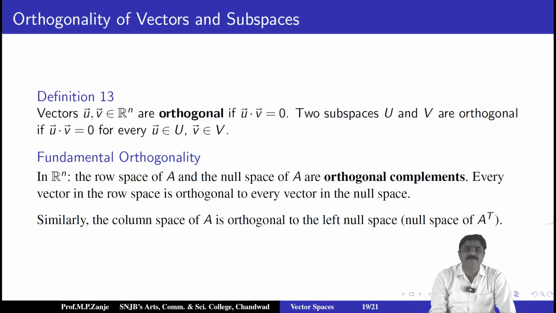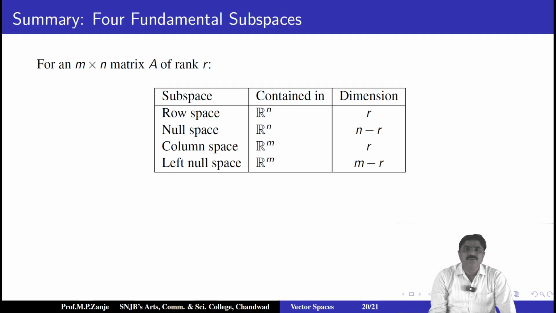Fundamental orthogonality. In Rn, the row space of A and the null space of A are orthogonal complements, and every vector in the row space is orthogonal to every vector in the null space. Similarly, the column space is orthogonal to the left null space. For orthogonal vectors that are also orthonormal, their norm is equal to 1, and then we say the corresponding vectors are orthonormal.